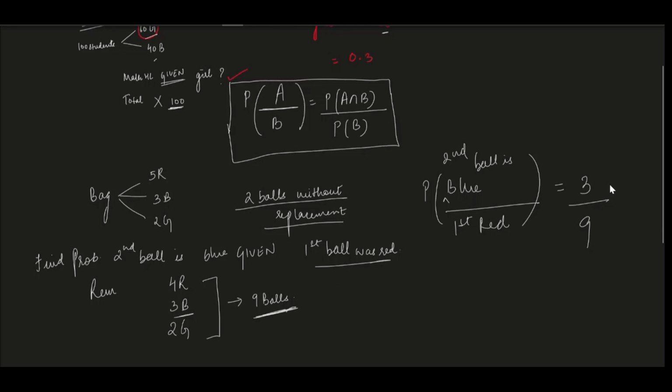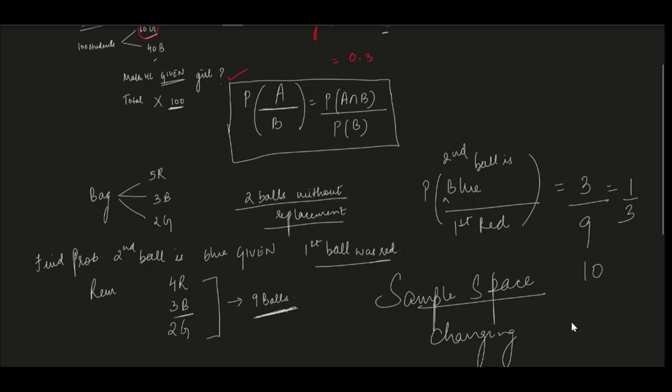If you simplify it, it will be equal to 1 over 3. You can notice one thing here: because of the given condition, my sample space is changing. Earlier I had 10 balls, but after I removed one ball, I have only 9 balls. This is what happens in conditional probabilities.